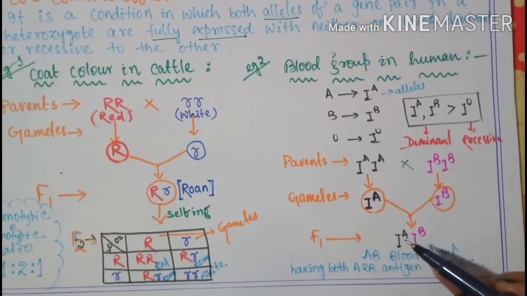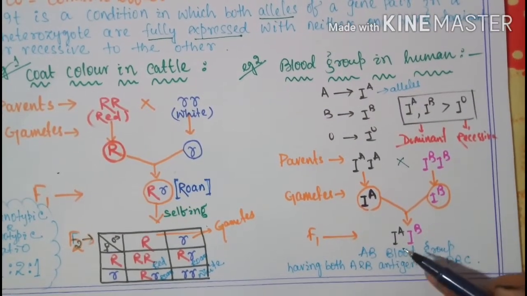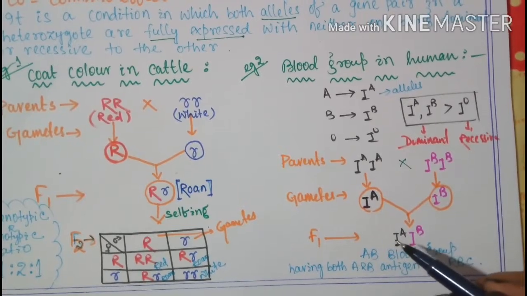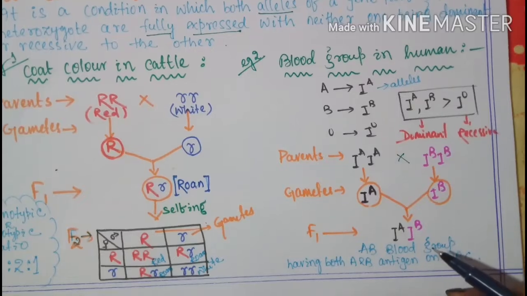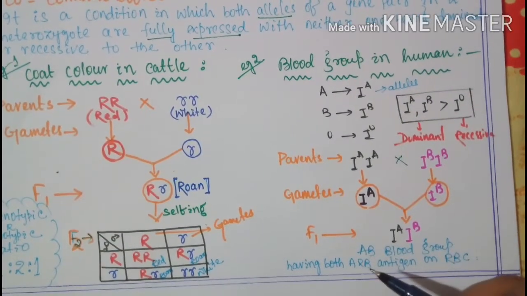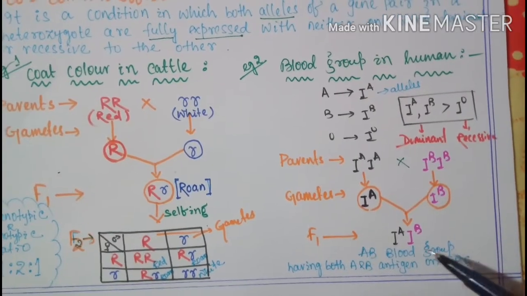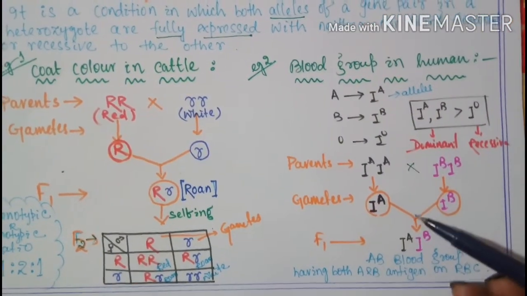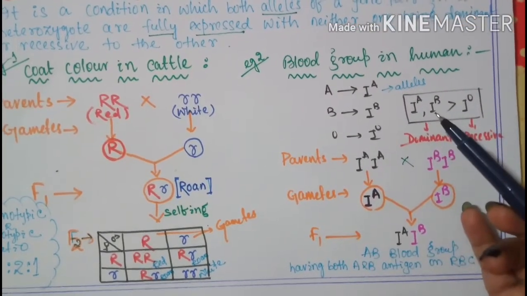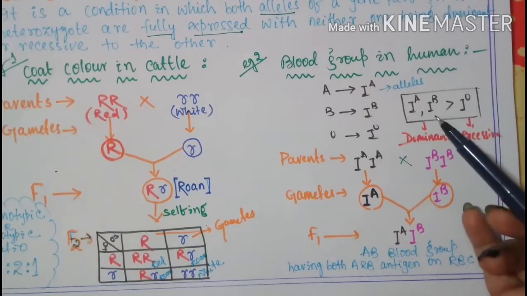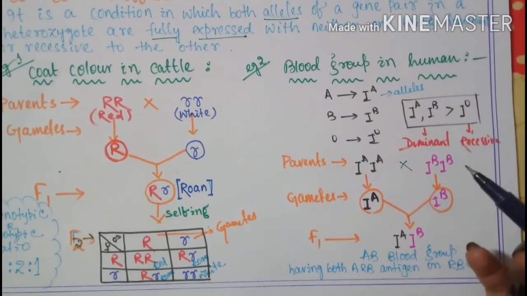But in this case, both IA and IB are dominant. So the organism having the IA IB genotype shows the phenotype of AB blood group, in which they have both A and B antigens on the RBC. This is the example of codominance, in which IA and IB are codominant to each other, and this is also an example of multiple allelism.